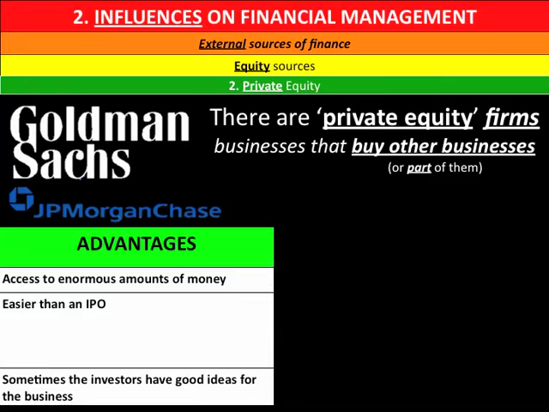Would you like to give us money? Sometimes the investors even have good ideas for the business. If it's not one of those private equity firms which are known for tearing businesses apart and selling them off bit by bit, sometimes you can get private equity from an individual investor, and that individual investor might have some really good ideas about running the business.